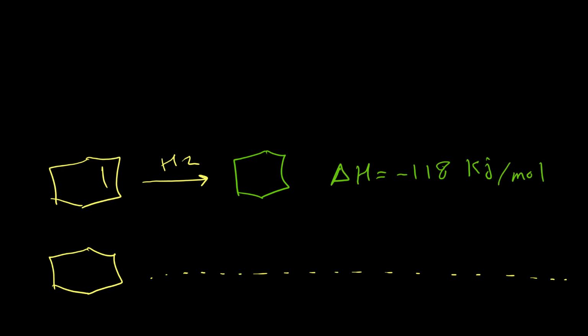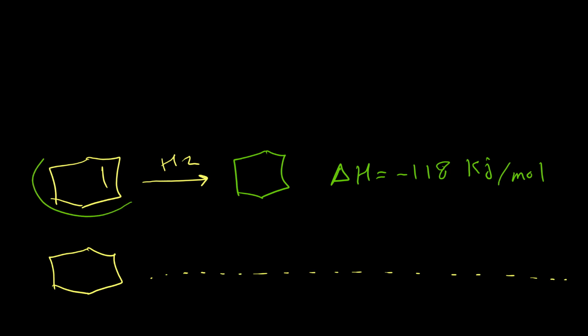To understand better what aromaticity is, we would like to study the heat of hydrogenation for benzene and other types of compounds. I'm going to use cyclohexene as a reference, and we assume the energy for cyclohexane is 0. If we have cyclohexene and react it with hydrogen to produce cyclohexane, it releases 118 kilojoules of energy. What does that mean?